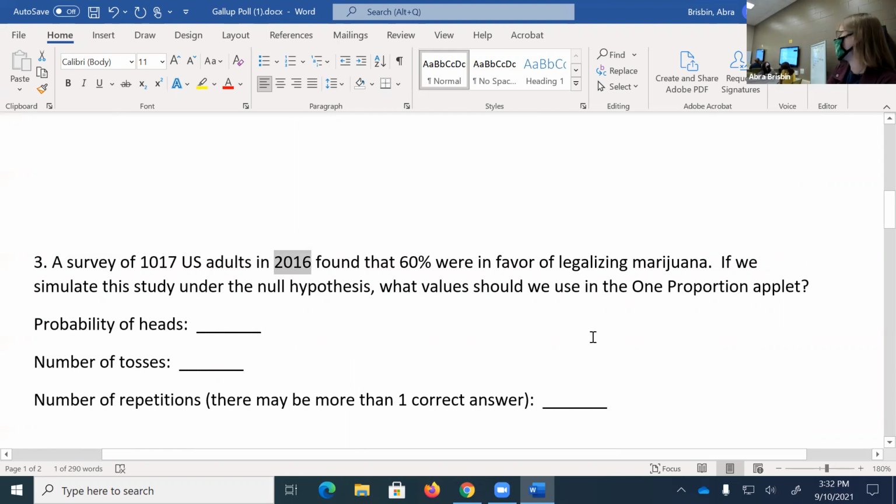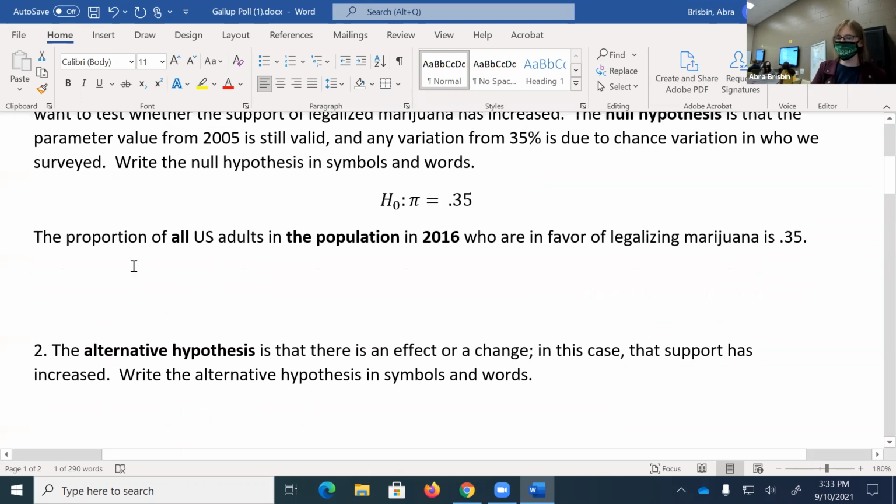And the parameter is always about the population that the sample was taken from. So in this case, our sample was taken from adults in the US in 2016. So that's what our null hypothesis is going to be about. Questions about this?